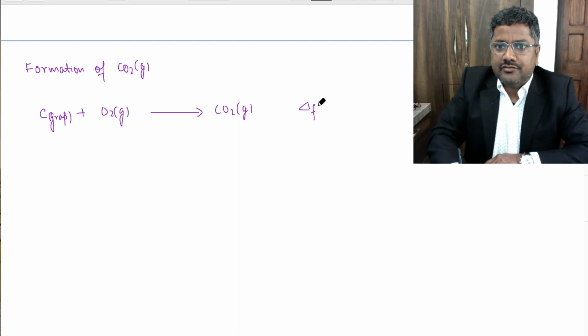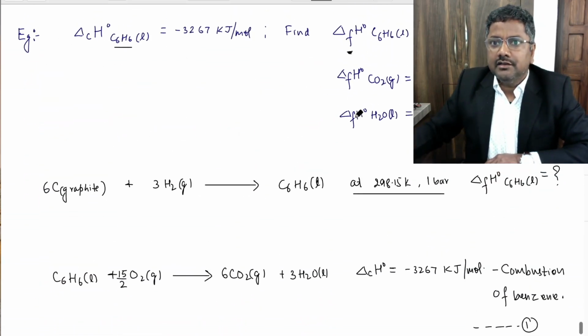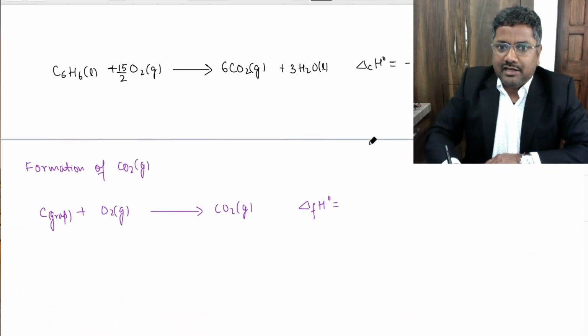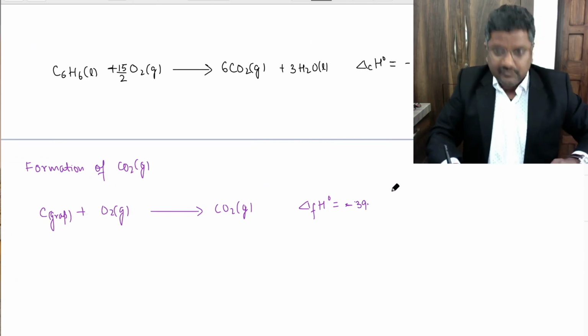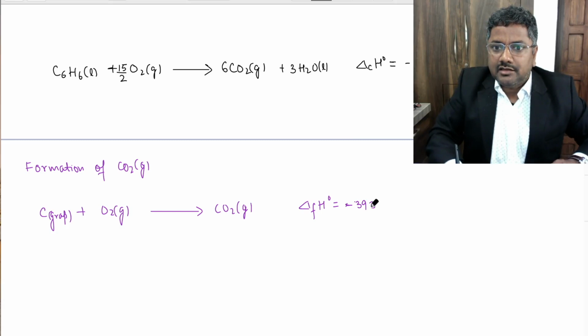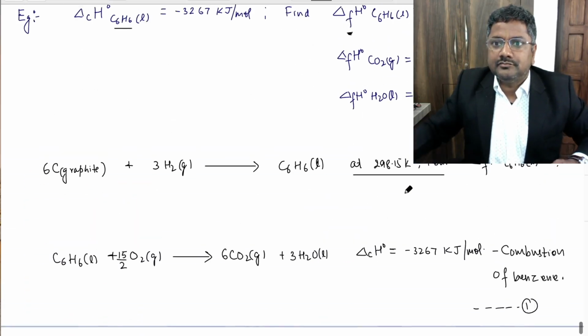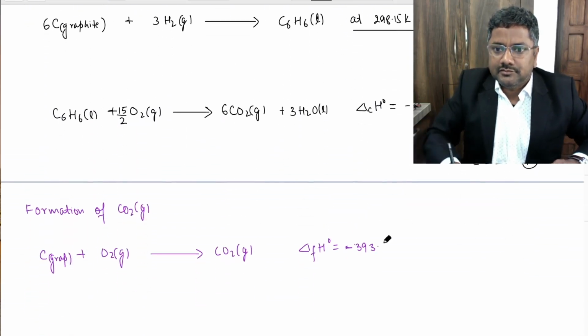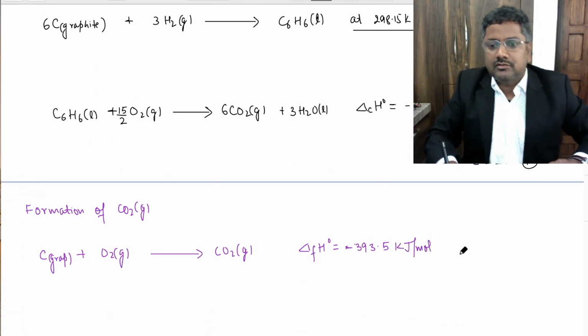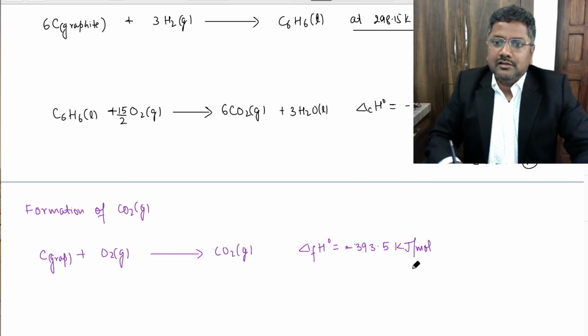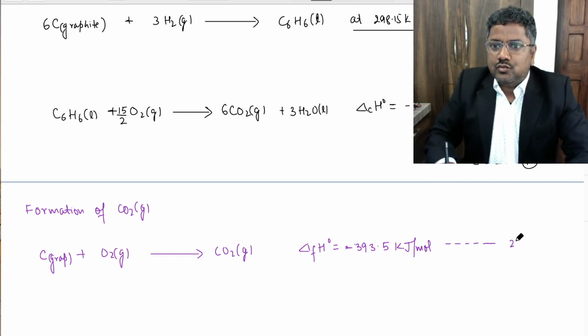Delta H formation is given as minus 393.5 kilojoules per mole. Okay, and this is equation 2.